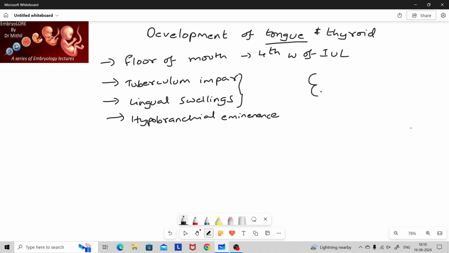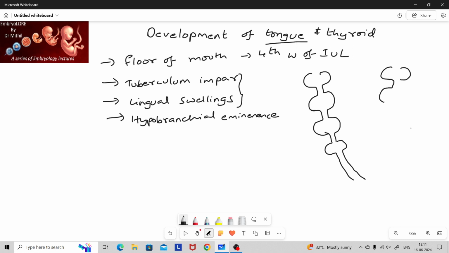In the last video we have seen the arches. So this is the pharyngeal apparatus.